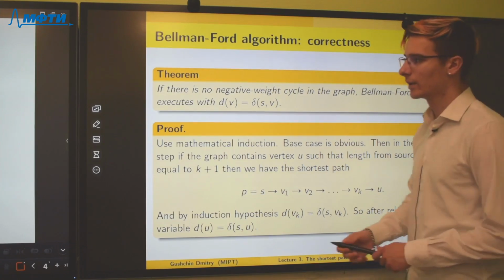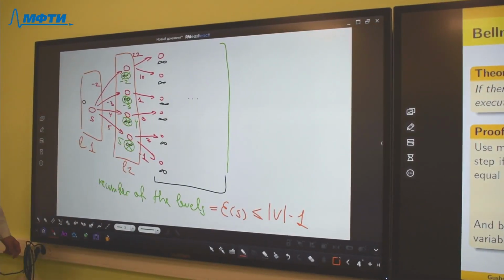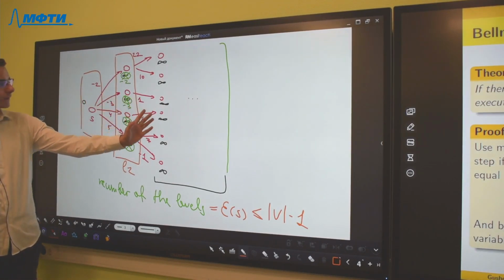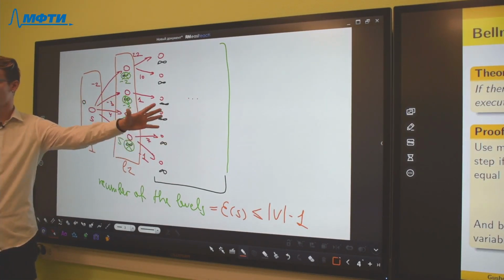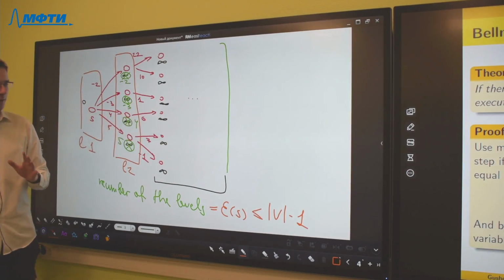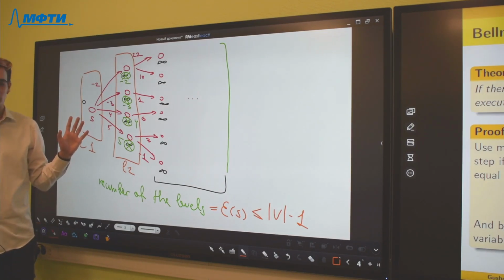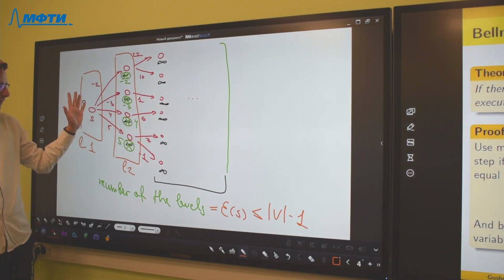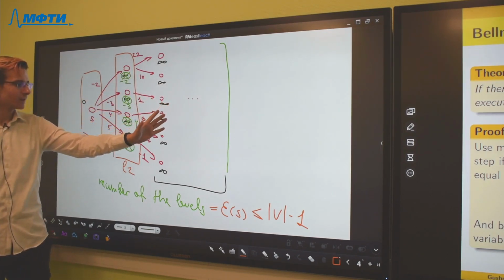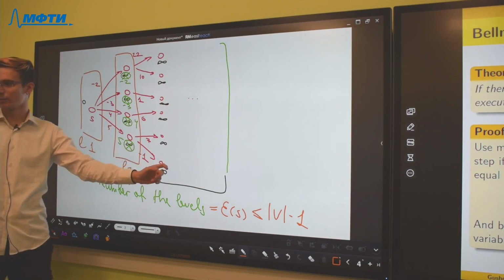As I said in this example, we can divide all the vertices into some levels, and if we relax all the edges k times, then we find the distance from the source to all the vertices contained in levels from 1 to k.